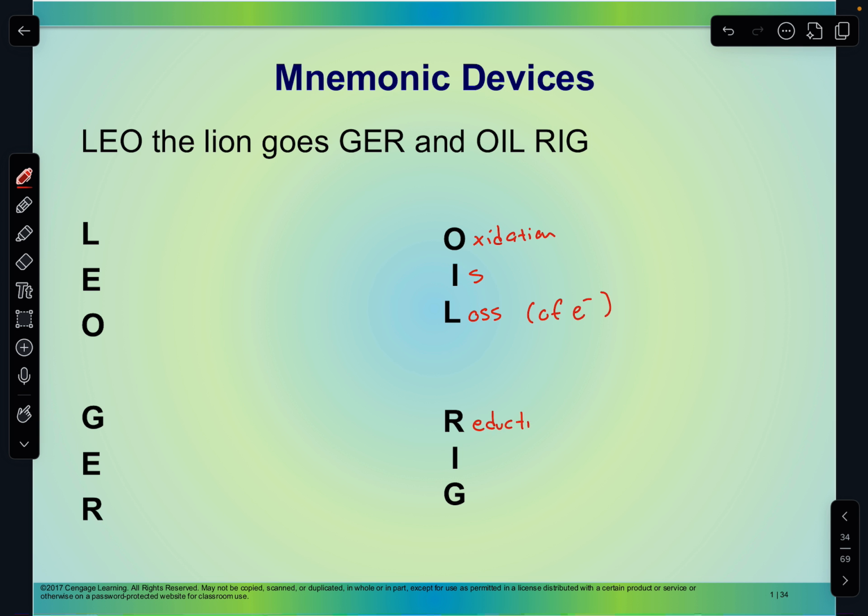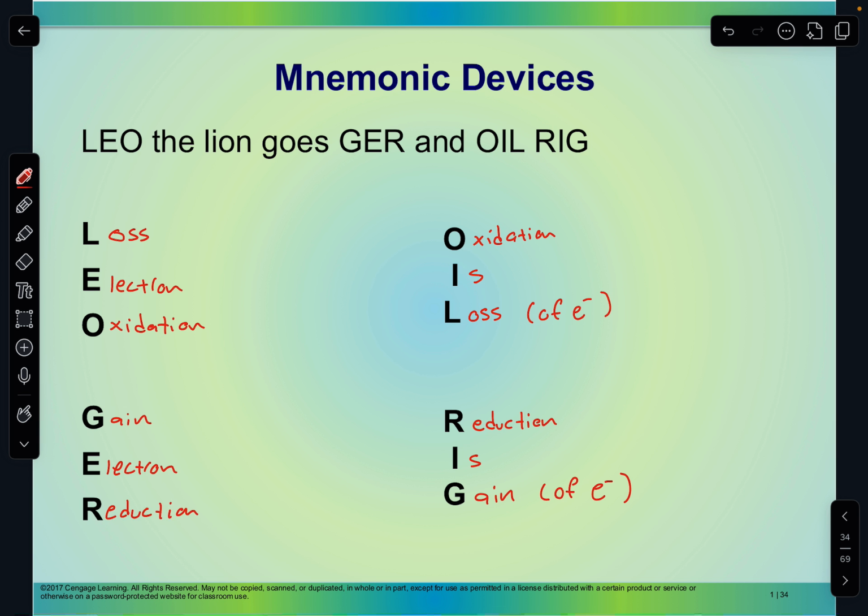Reduction is gain of an electron. Loss of an electron is oxidation. Gain of an electron is reduction.